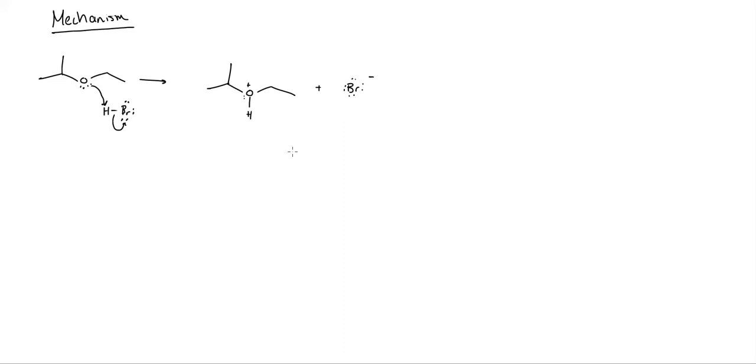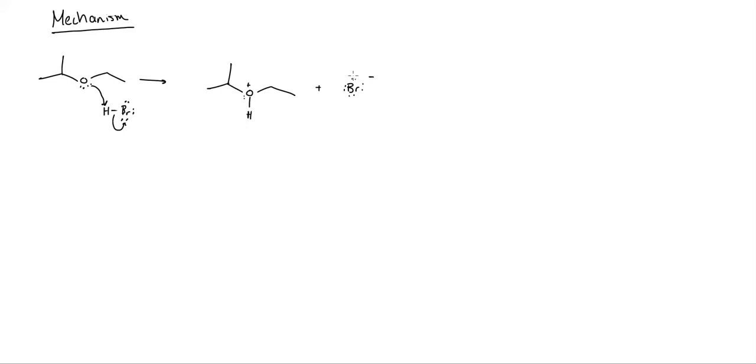Now here's the thing. This Br minus is going to want to do SN2 to get the other group off. What happens is the least substituted carbon, so this oxygen is connected to two carbons, one on the left and one on the right.